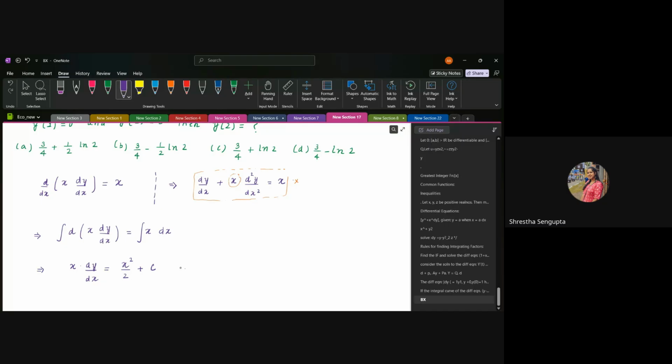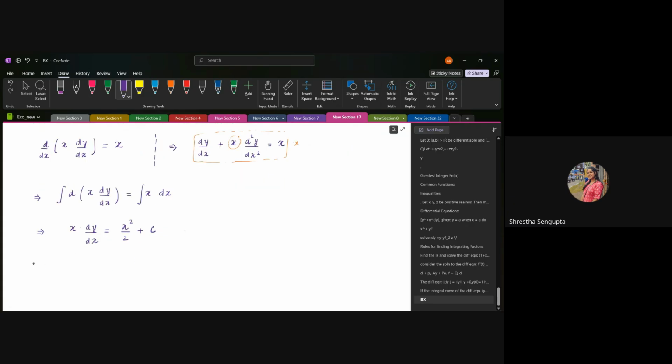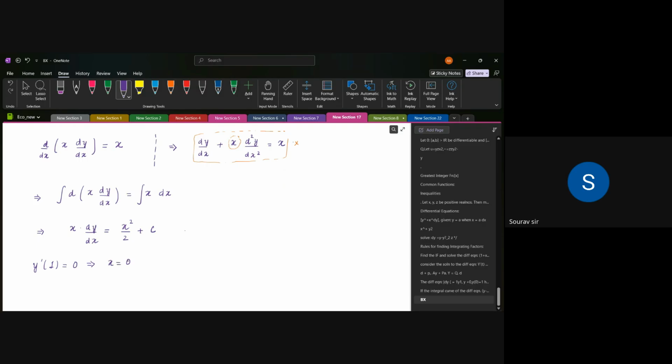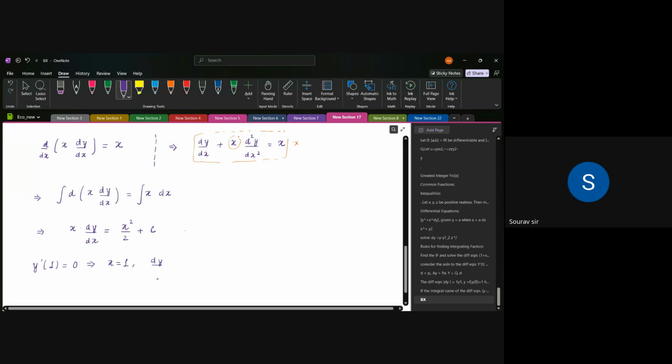Sir, y dash 1 is 0, it's given, so we can just put in the values to find c. Y dash 1 is equal to 0. That means when x equals 1, dy dx is 0.